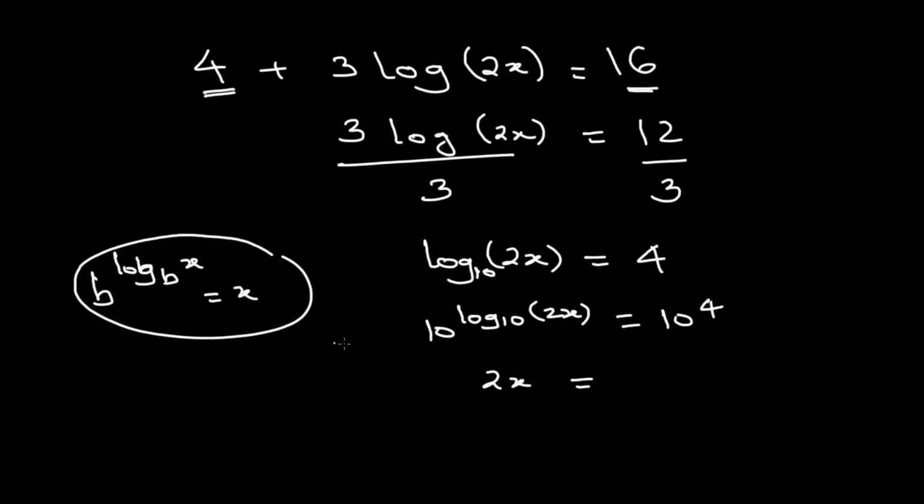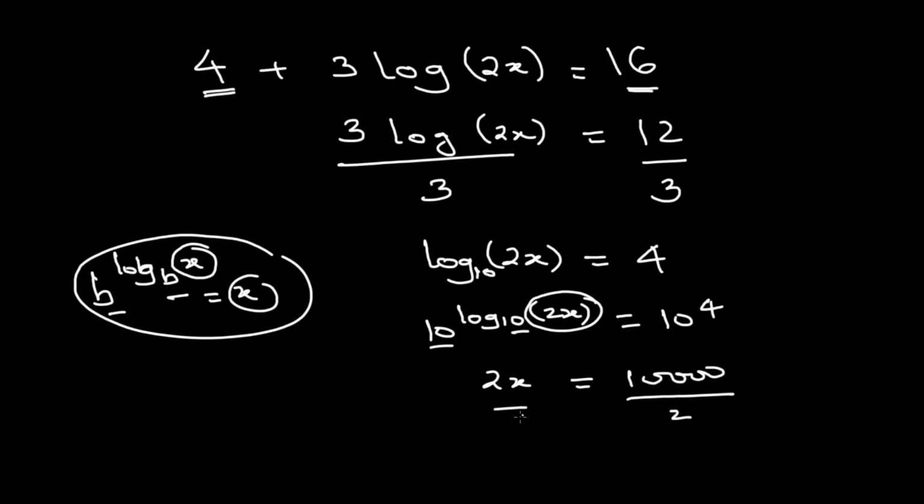This is where all these are coming from. This is why I'm raising it to the same base, because you can see there's the same base there, and the value that is returned is x. Here we're returning this value. So that's 10,000 this side. Then I'm going to divide by 2, giving me x equal to 5,000.